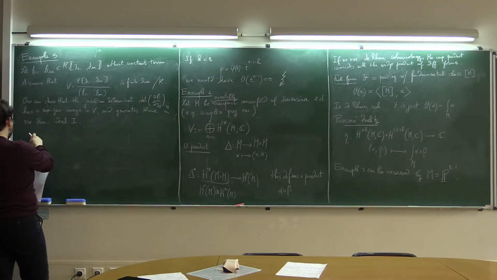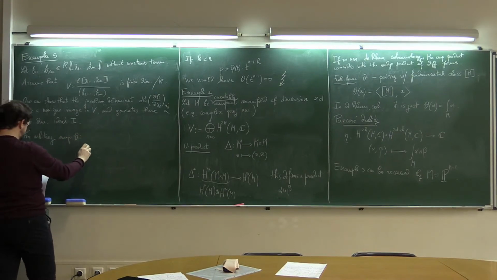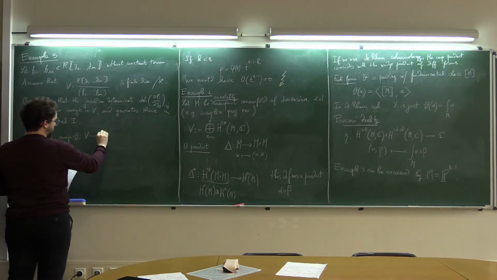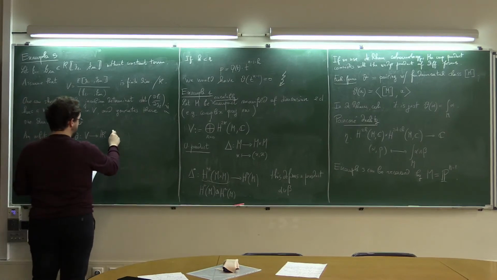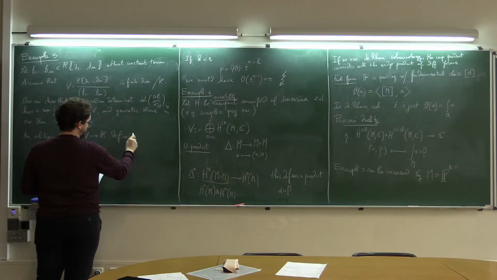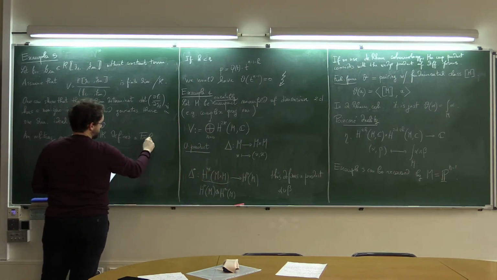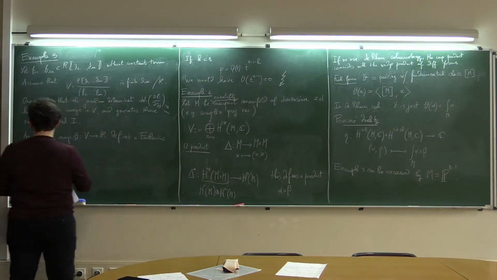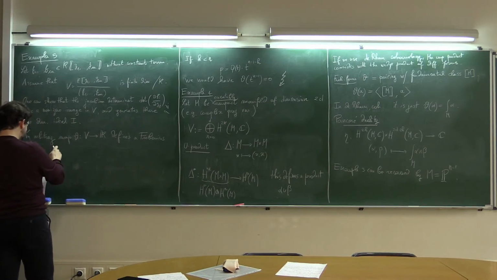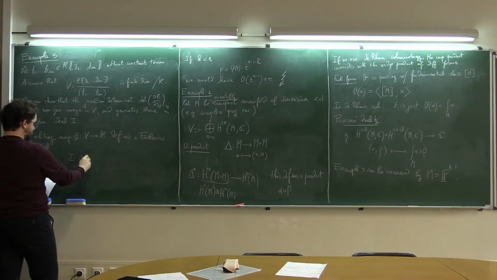Exactly as before, one can prove that an arbitrary linear map theta from V to K defines a Frobenius algebra structure if and only if the ideal I is not contained in the kernel of theta.